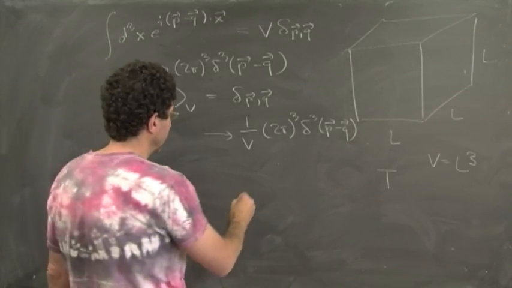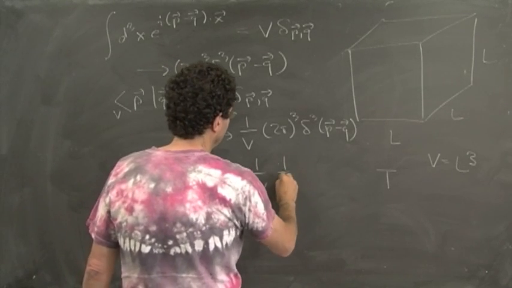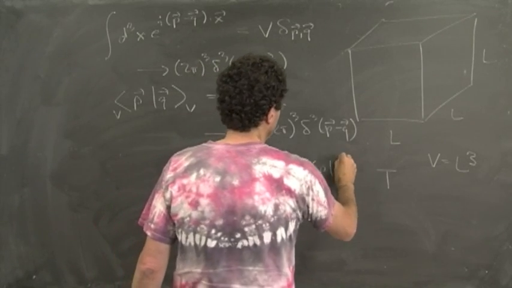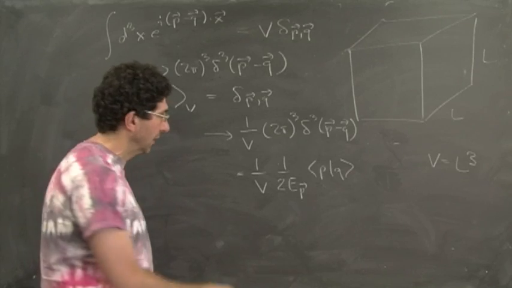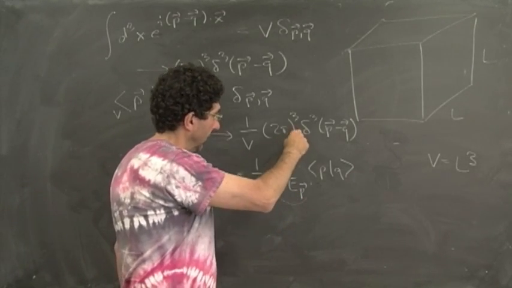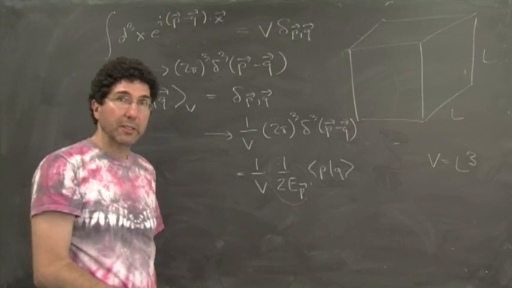There's a factor of 1 over V, and then a factor of 1 over 2E_p, which I have to put in so that I get the Lorentz invariant delta function.